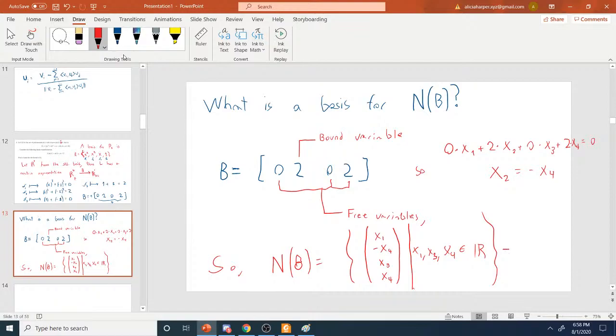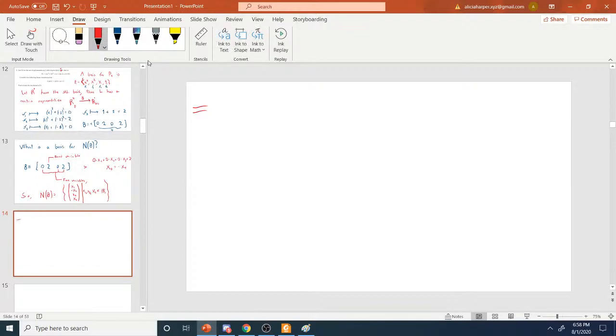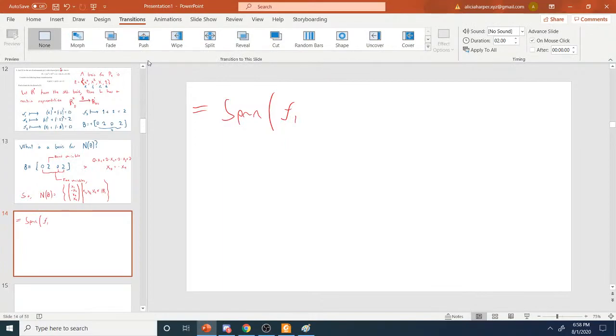So this is equal to the span of the vectors f1, f3, and f2 minus f4. Actually, maybe I'll just switch the negative sign to be consistent.